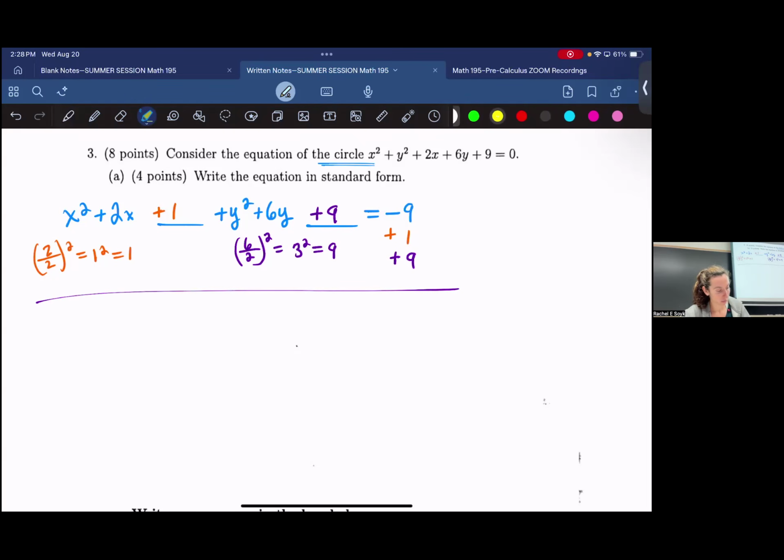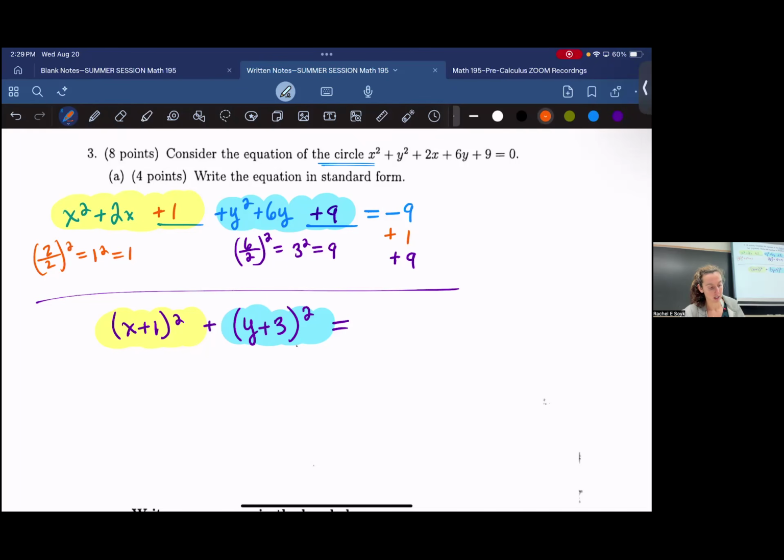And so now we just put ourselves in a really good position so that we can easily factor our yellow and our blue equations. Our yellow turns into x plus 2 in parentheses squared. Our blue turns into y plus 3 in parentheses squared.